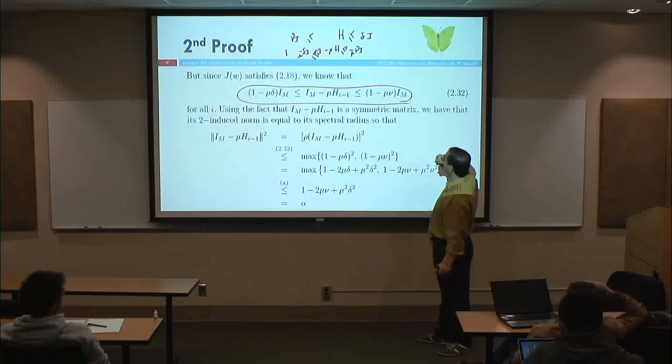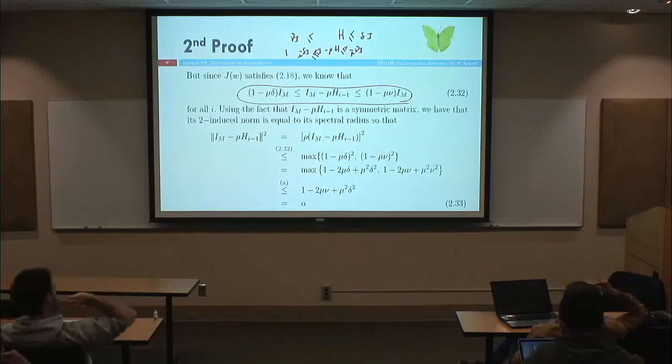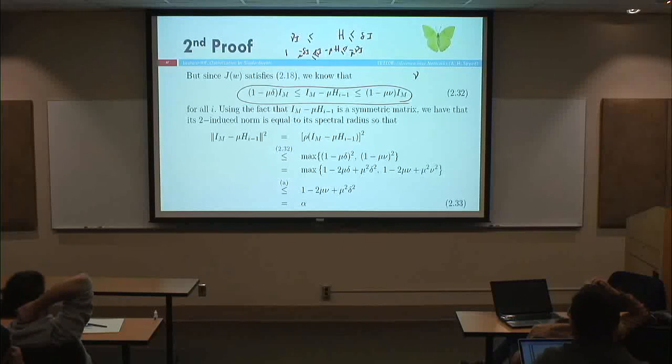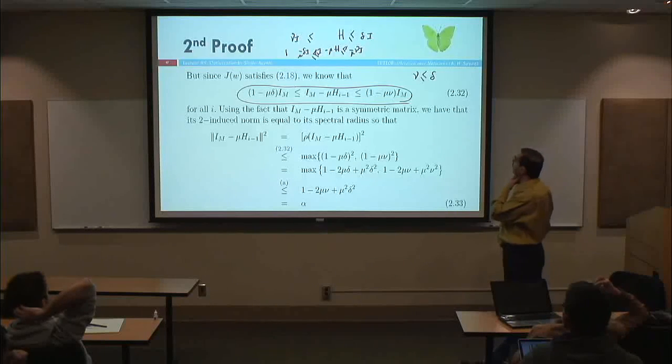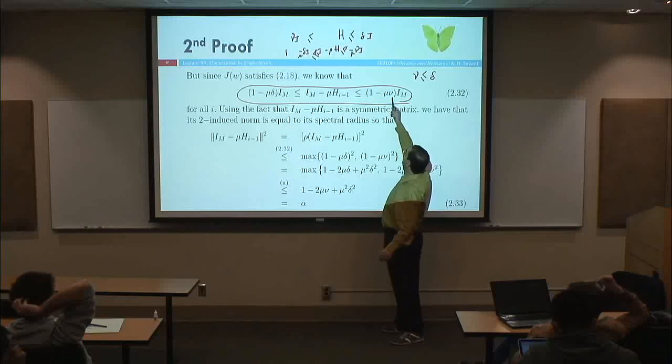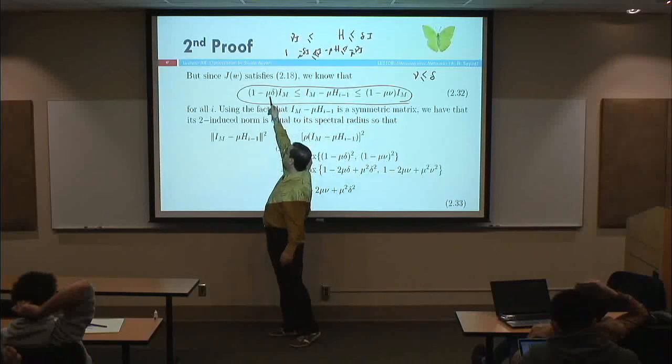Remember, nu is less than or equal to delta. So this mu times nu is smaller than this.